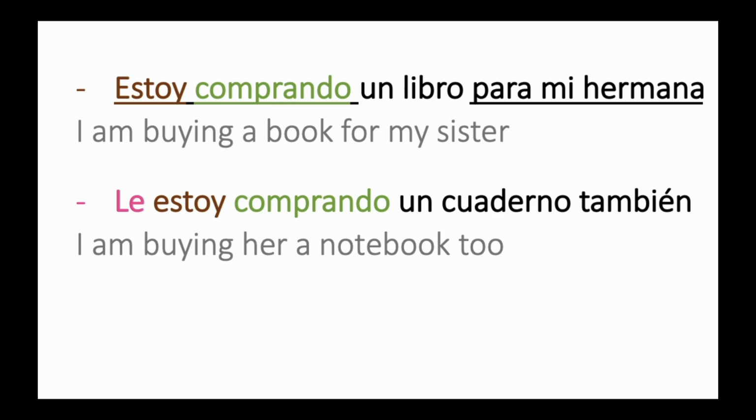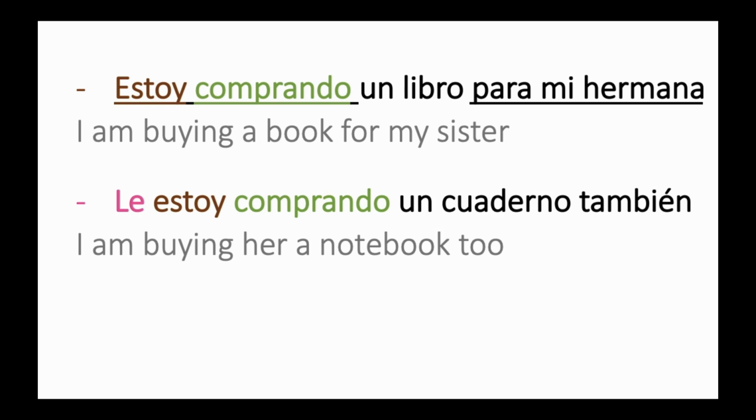Now, how do I know that comprando is using the present progressive? Because it ends in ando. If it was a verb that ended in er or ir, let's say beber, then it would end in iendo. So present progressive, the verb would end in ando or iendo.